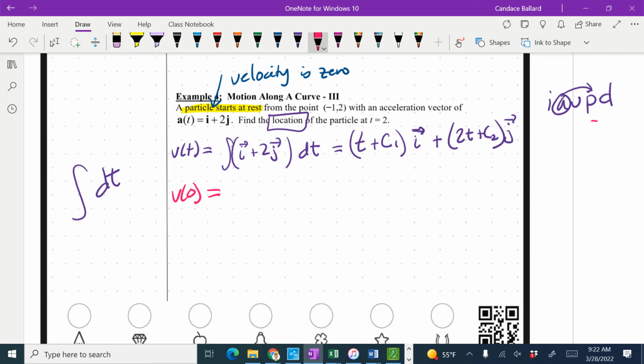So we know our velocity at 0 means that when I have time 0, my i component plus c sub 1, plus 2 times time 0 plus c sub 2 times my j component, equals 0i + 0j. That's a c sub 1, not an i here.